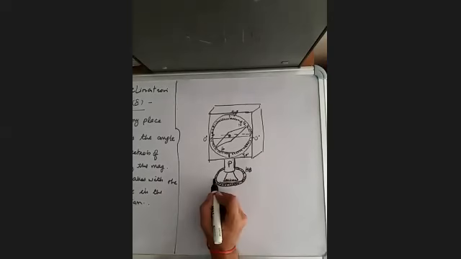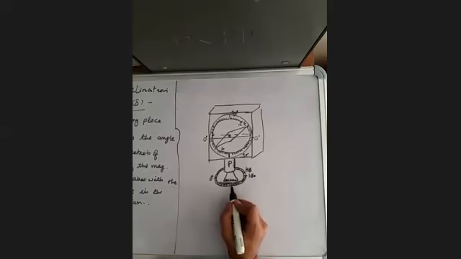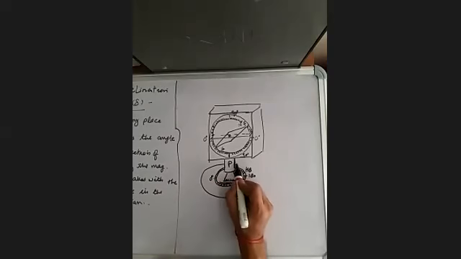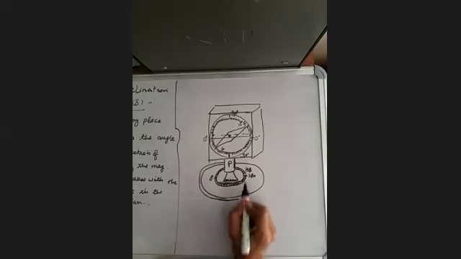This is 0 degree, this is 180 degree, and this is 90 and 270, and so on. So it can turn 360 degrees, and this is the horizontal base on which the whole thing is mounted, as I've written HB.